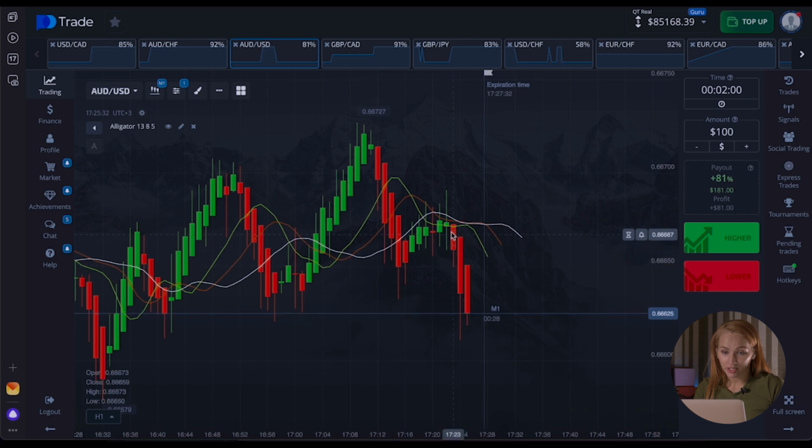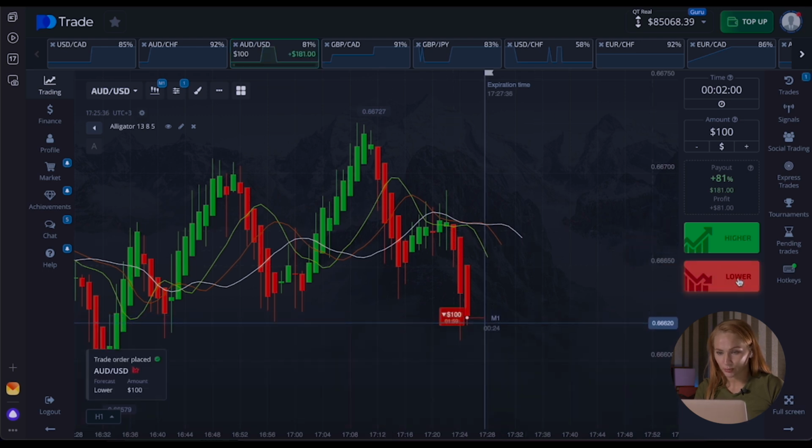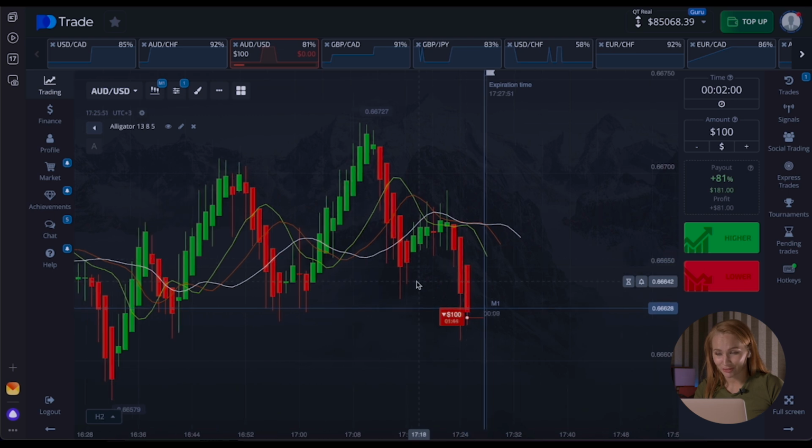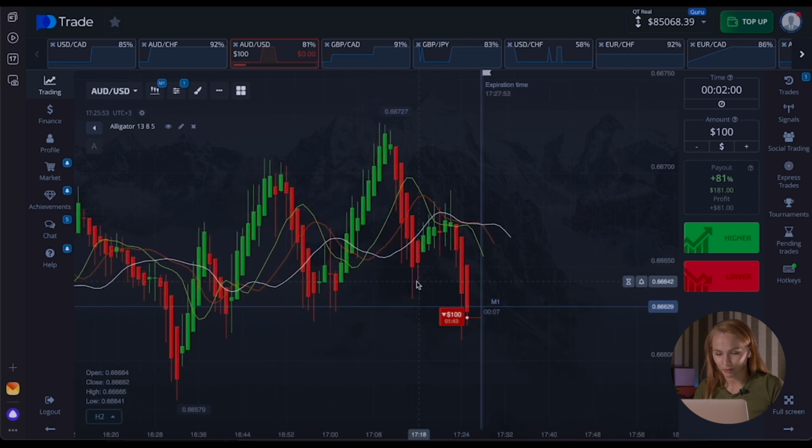For example, AUD USD. We can set up a sell deal. We can see the lines crossing and going down, so it's a downtrend. This is actually a bit risky. Anyway.